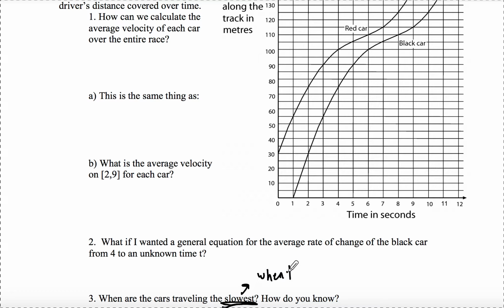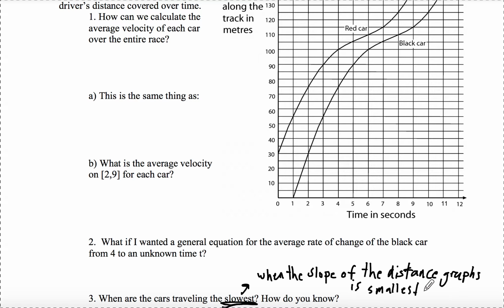When the slope of the distance graphs is smallest. And by smallest, we mean close to 0 or closest to 0. And that's because slope measures the rate of change of distance, which is velocity.